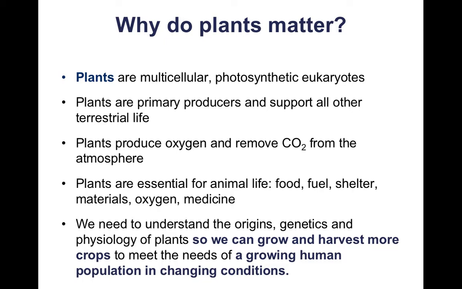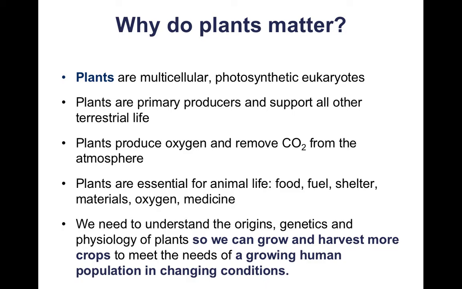So plants also produce oxygen and they remove CO2 from the atmosphere. So they remove CO2 during photosynthesis, and oxygen is produced as a byproduct of photosynthesis. So in addition to supporting animals with oxygen and supporting animals with biomass, with sugar, right?